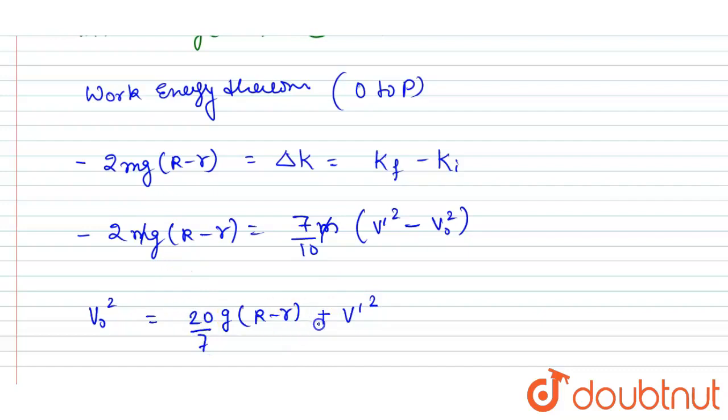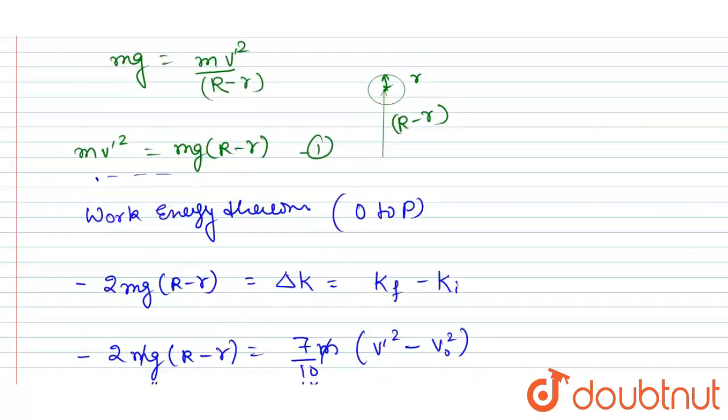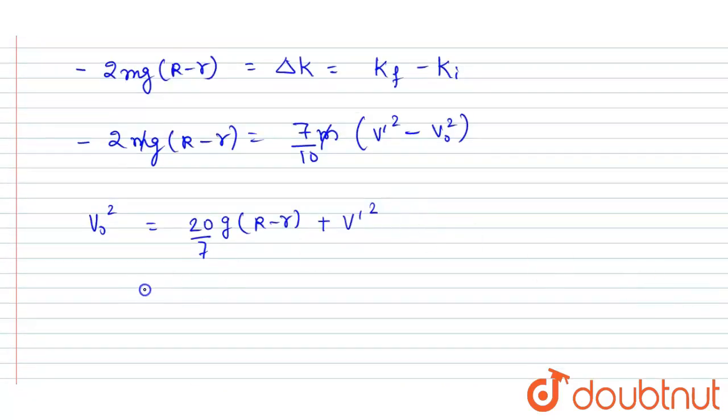Now we can put in the value of v dash square, which is g into R minus r. So I will write 20 by 7 g into R minus r, plus g into R minus r.